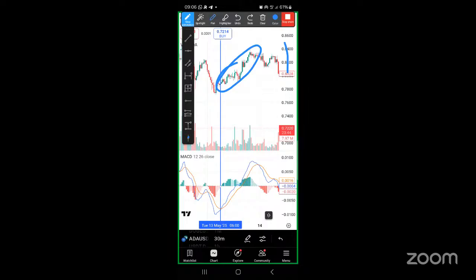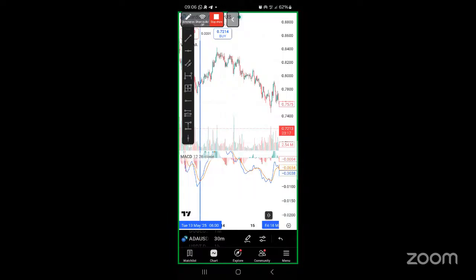When the blue line crosses the orange line going upward, the golden cross happens. Now, it can happen below the zero line. It can also happen above the zero line.